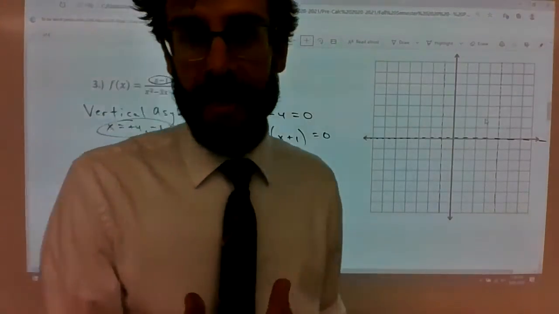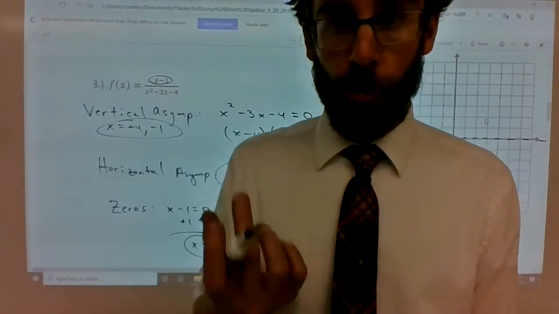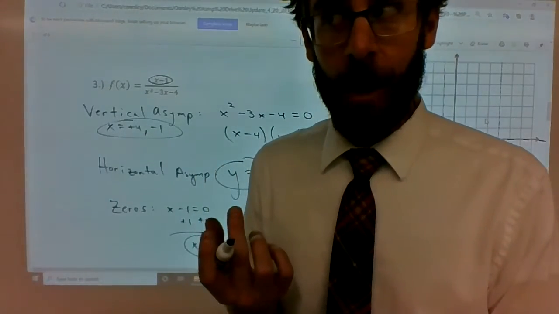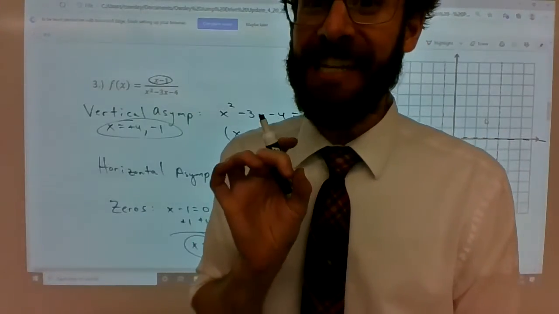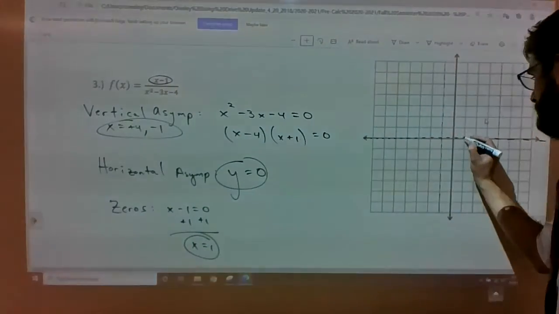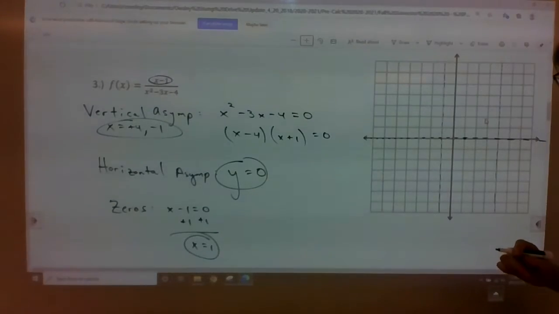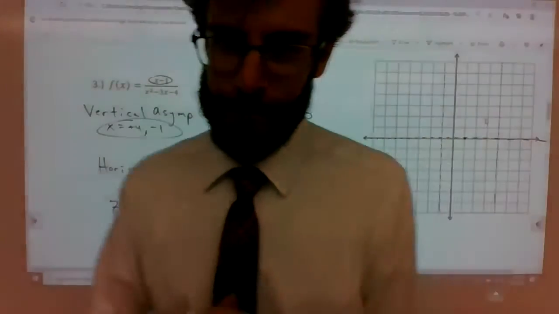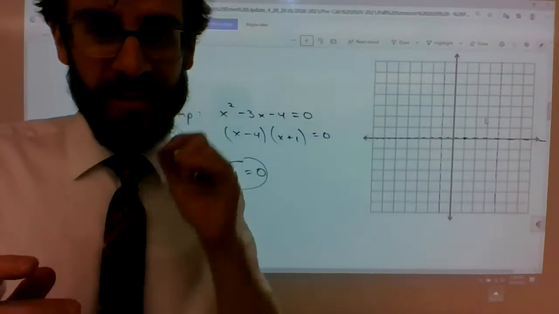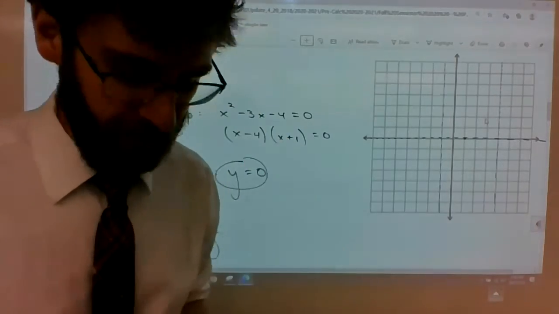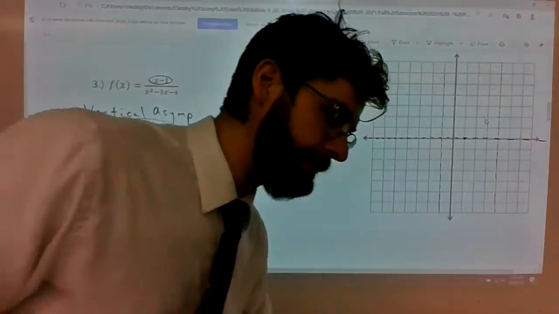X equals 1 is a spot where your graph crosses the x-axis. How can that be? Well, we're going to find out here. So we know we have a point there. Let's plug this puppy in the table and see what we get.